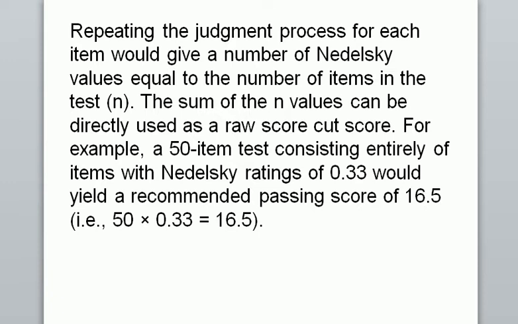For example, a 50 item test consisting entirely of items with Nedelsky ratings of 0.33 would yield a recommended passing score of 16.5. It means 50 multiplied by 0.33 is equal to 16.5.